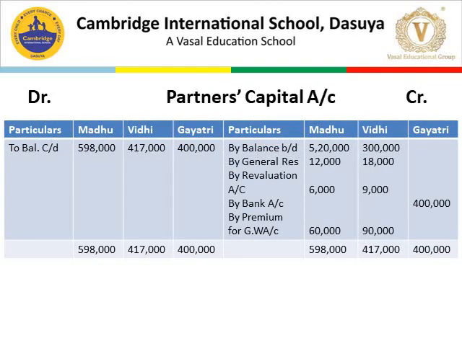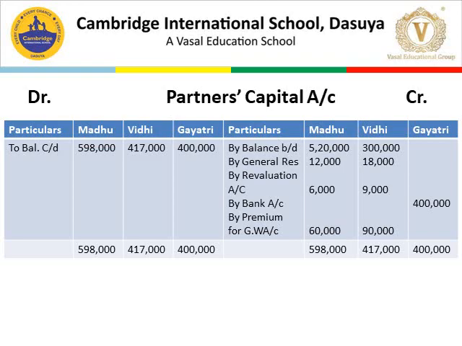So here is the partner's capital account. As we all know how to prepare the partner's capital account, we are starting with the credit side, and you have to look at your balance sheet's liability side. On the liability side, you will get Madhu's capital, Vidhi's capital, and journal reserve. These three will come in the partner's capital account. First of all, we are writing balance brought down.